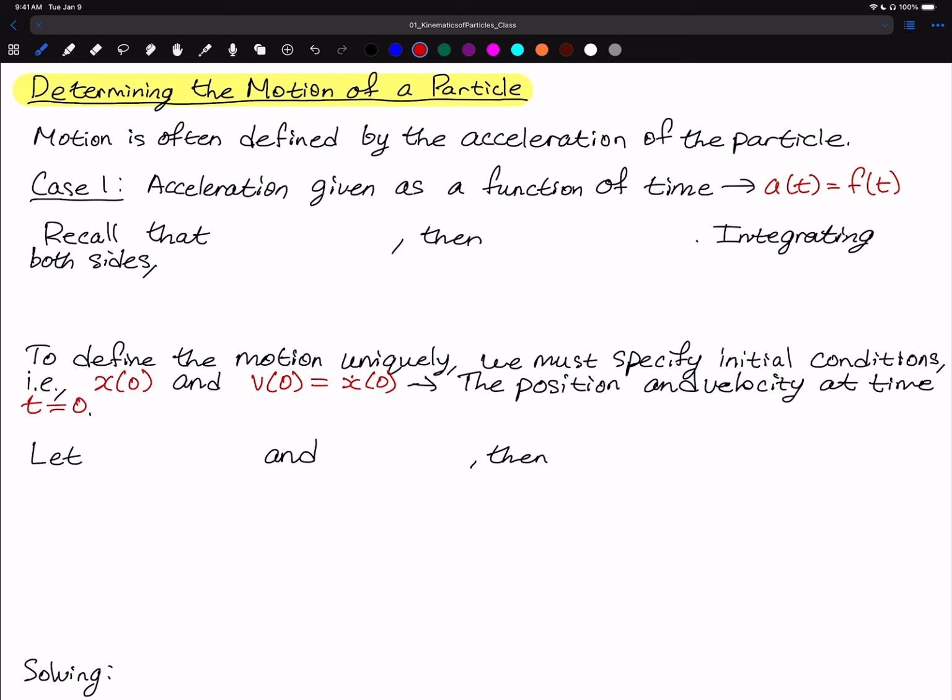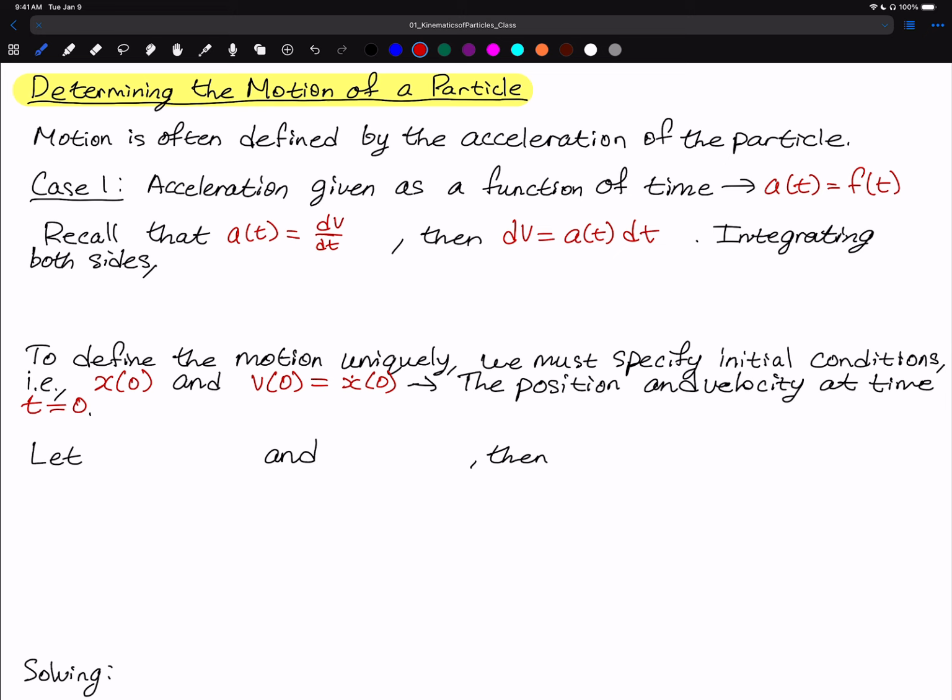We can recall that the acceleration a of t is equal to dv dt. In this case, we're dropping the vector notation because we're dealing with rectilinear motion, which is in a single direction, so there's no need for that notation. We can rewrite this as dv is equal to a of t times dt.